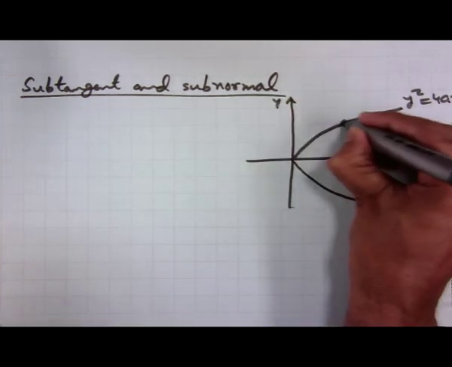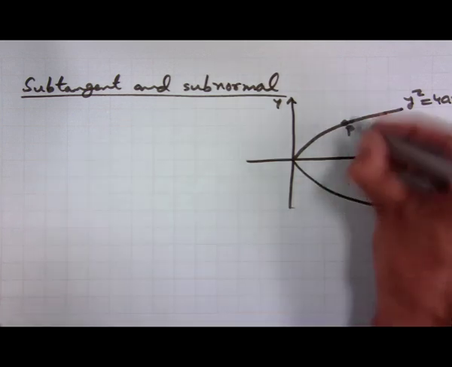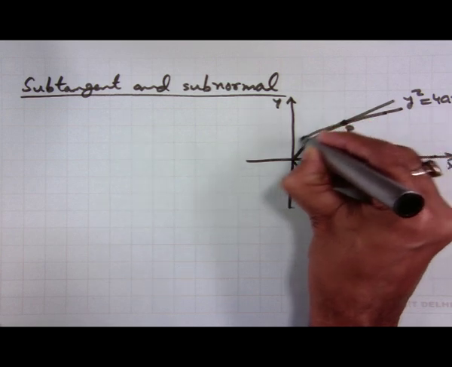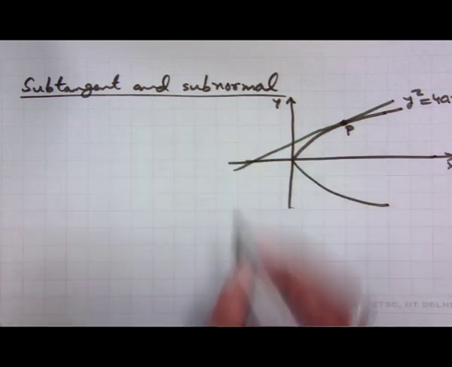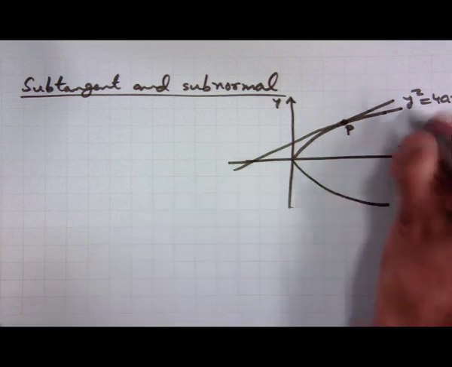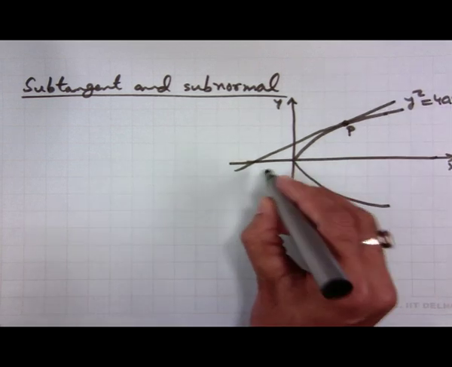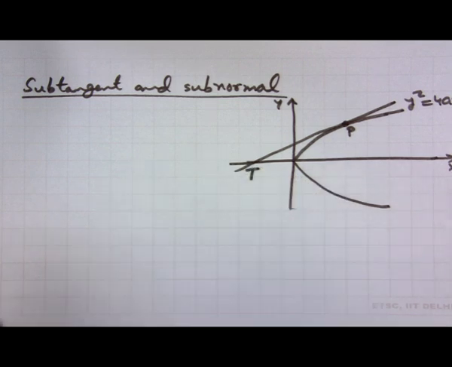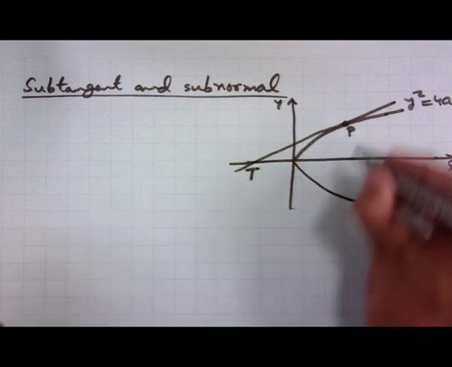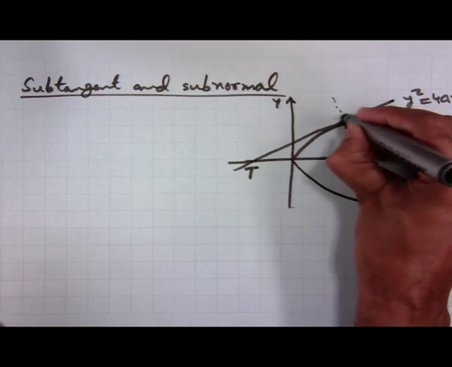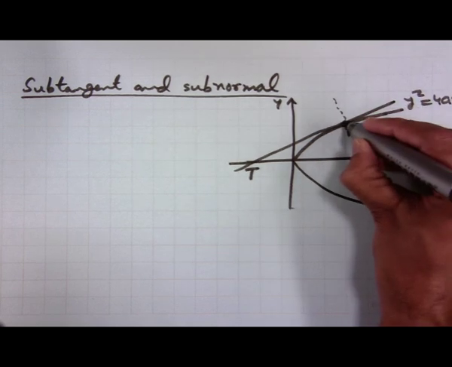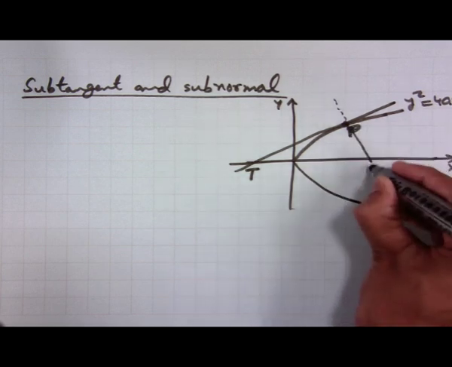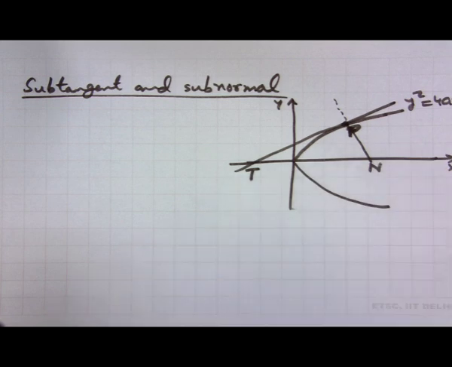Suppose there is a point P on the parabola. Let us look at the tangent line at this point P, and suppose this tangent line intersects the x axis at a point T, and also let us draw the normal line and suppose the normal line intersects the x axis in N.